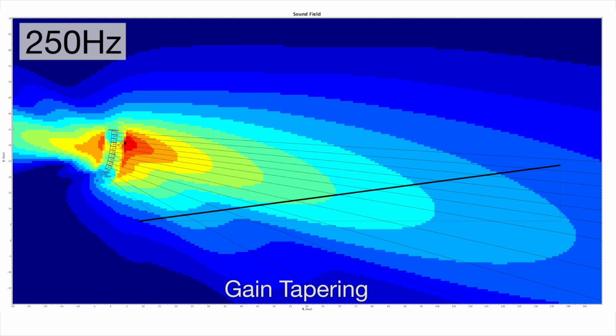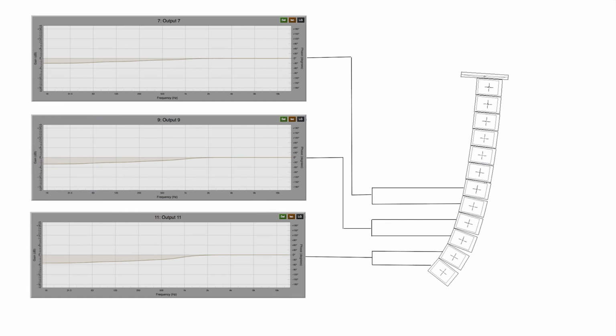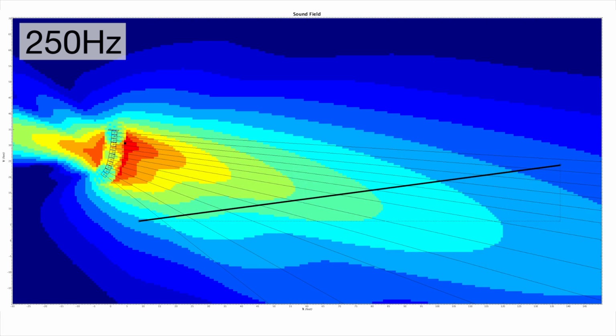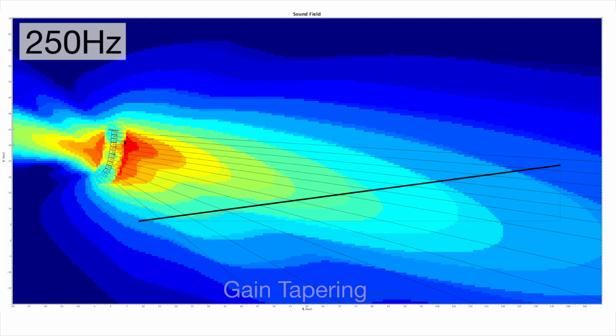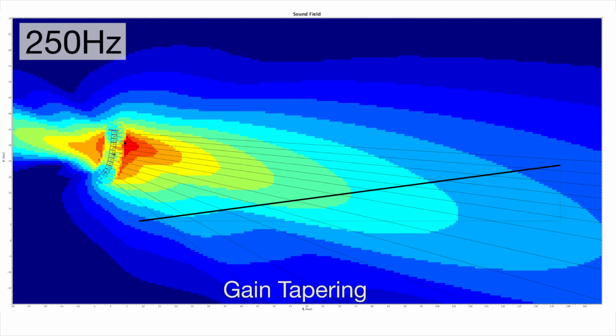This is a non-solution and comes with the cost of reduced headroom and dynamic range. One part of the system will limit before another. A less severe alternative is to taper only the mid-low frequency range with EQ. This is again only minimally effective and reduces headroom, although not over the full frequency range.